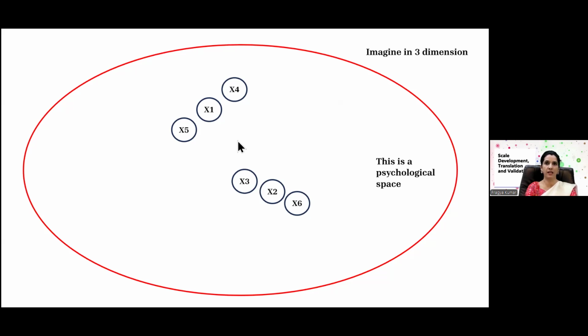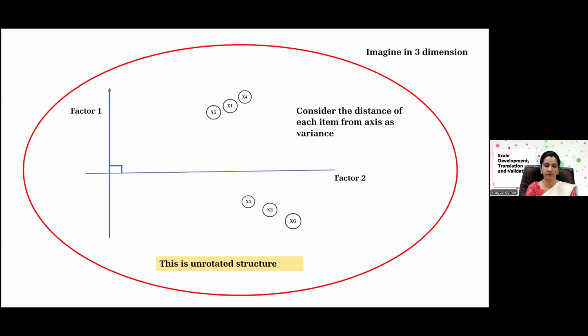They are placed like this. This is the unrotated structure. We are just trying to see the rotation. This is factor 1 and this is factor 2. This is not rotated. These three are together and these three are together.